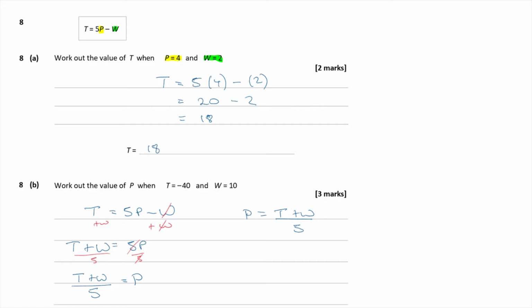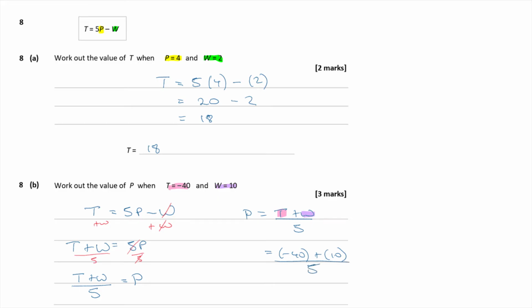Okay? Right, so now I've got the formula in terms of P, I can go ahead and sub these numbers in, can't I? So I know then that T is minus 40, so I'm going to put that there where the T is. And I know that W is 10, so I'm going to write that there where the W is. So subbing that in, P is equal to minus 40 plus 10, all over 5.